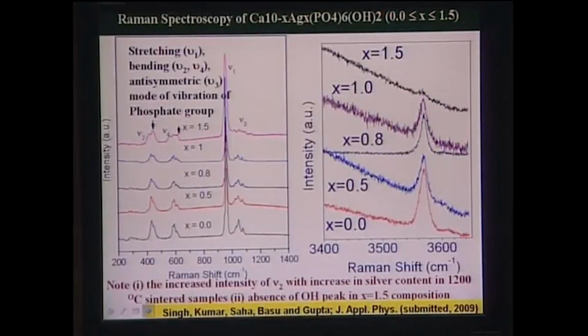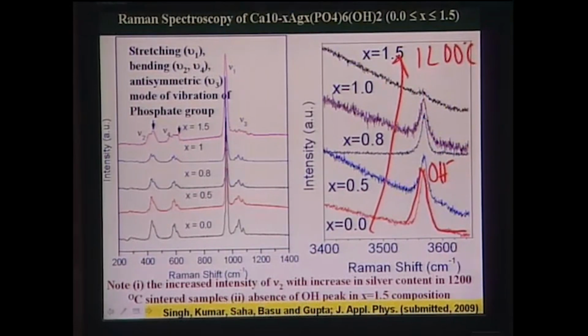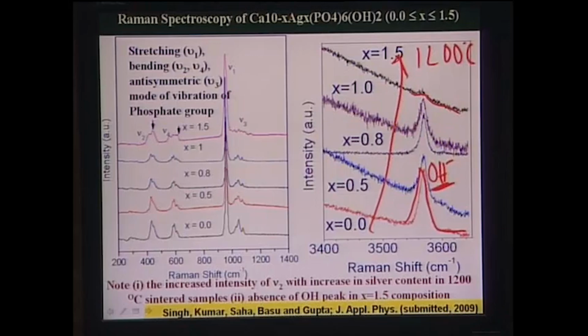The other clear trend that you can notice here, from x is equal to 0 to x is equal to 1.5, after sintering at 1200 degrees Celsius, is in the Raman band which corresponds to the OH minus vibration. You see a very clear OH minus vibration band at x is equal to 0.0, and it clearly disappears at x is equal to 1.5. What it means is that OH minus essentially indicates whether you have hydroxyapatite in the lattice or not.